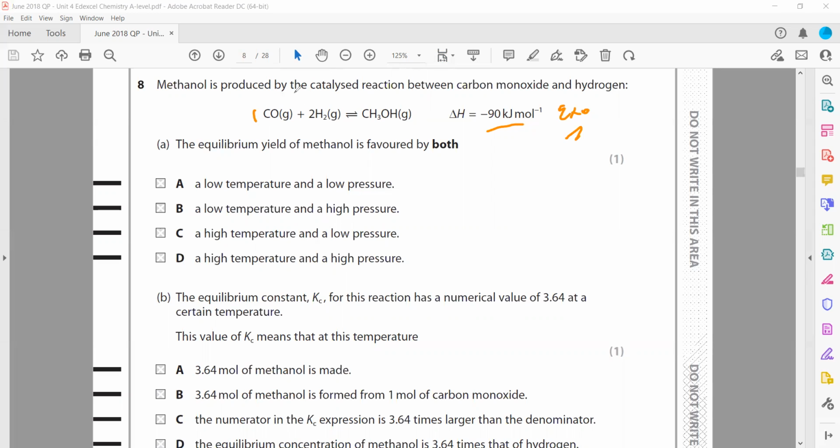We have 1 + 2, 3 moles, and here we have 1 mole. So if we increase the pressure, the equilibrium shifts towards the side where the number of moles is less. So high pressure and low temperature should be used. So A should be the right answer. Sorry, B should be the right answer, because our forward reaction is exothermic.